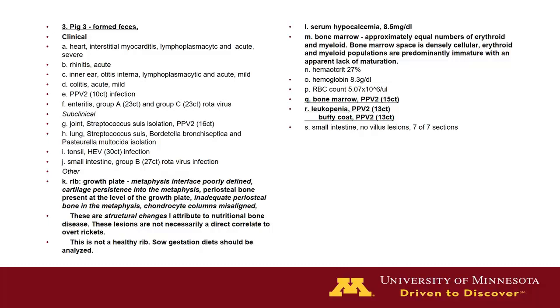And then also looking, trying to identify more specifically if we have evidence in white blood cells. And again, they had a really low PPV2 CT value. So again, myeloid, erythroid depletion.